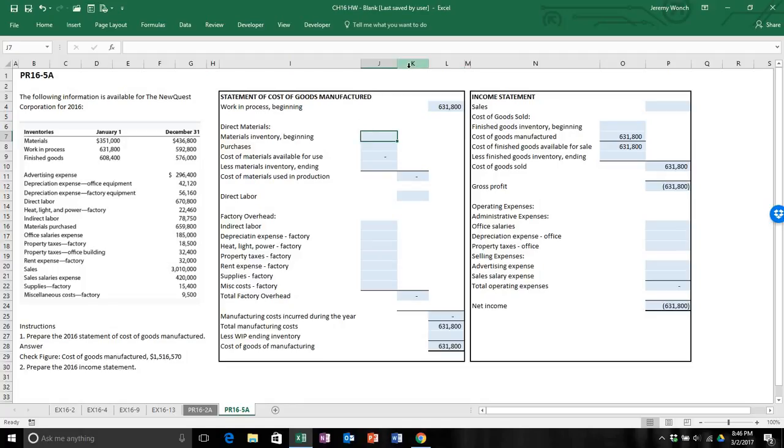It tells us that our materials beginning inventory is $351,000. That's going to be right here. And then what we purchased during the year. Down here we have materials purchased, so that's going to be $659,800.